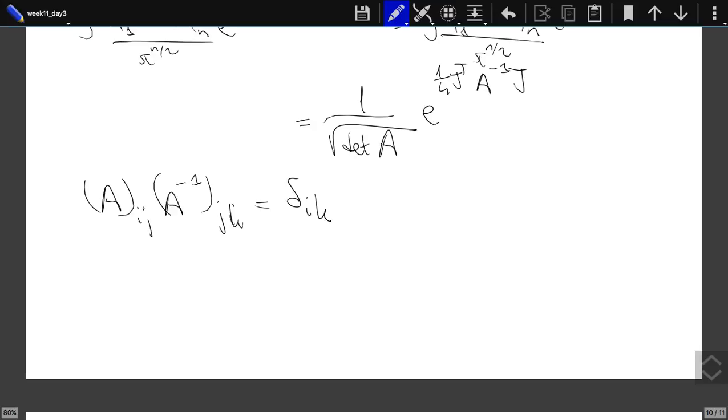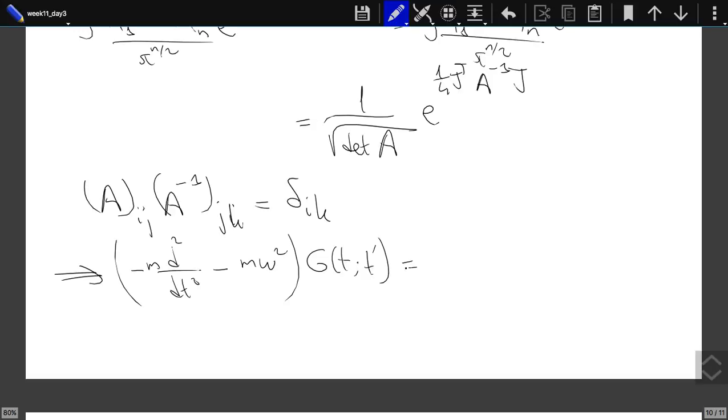In the harmonic oscillator example, this is nothing but minus d squared by dt squared m minus m omega squared, acting on g of t and t prime, which will be equal to Dirac delta t minus t prime.